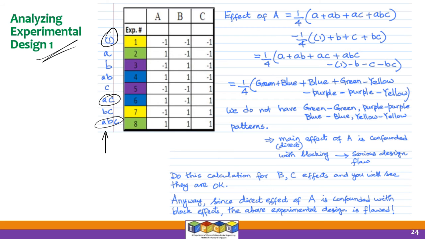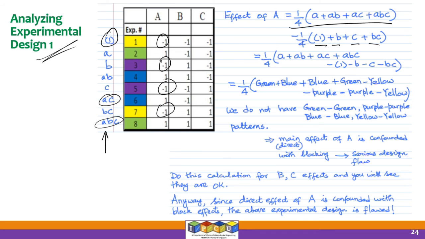The effect of A is obtained by taking all the experiments where A is +1, computing the average of those four measurements, and taking the average of all runs with A at its low value. So you take experiment (1), experiment B, experiment C, and experiment BC, where A is low.